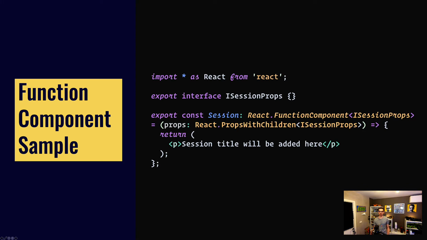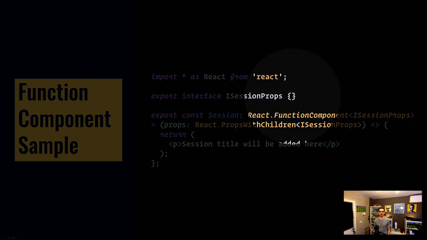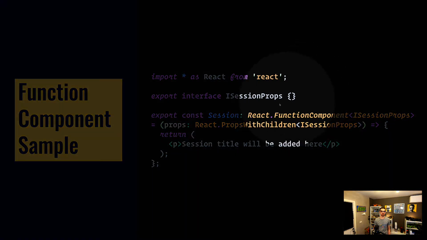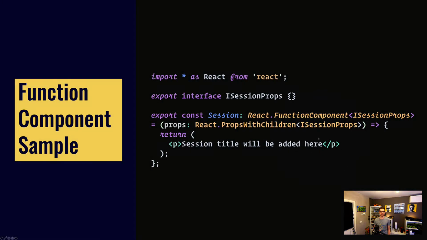So this is an arrow function. And the only thing that the arrow function gets are some properties, if there are properties, but as you can see right now, the interface is empty, so there are no properties that are specified. And then it's going to just return a paragraph with "session title will be added here".